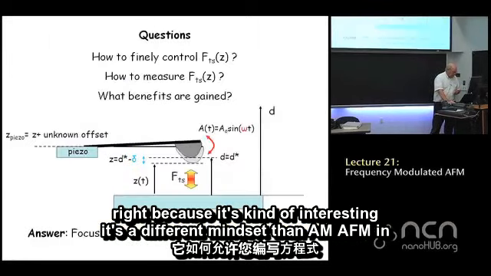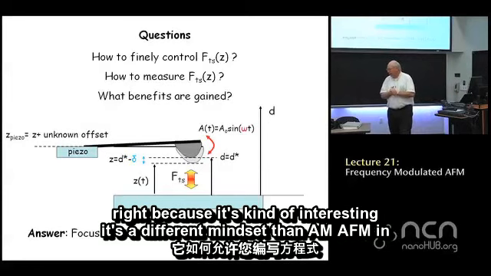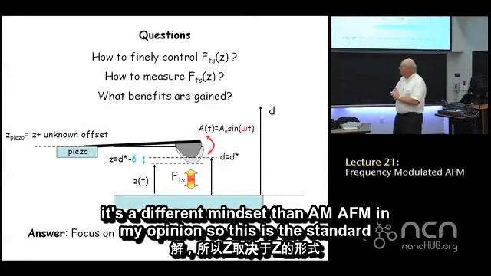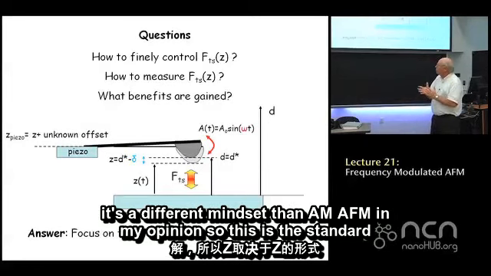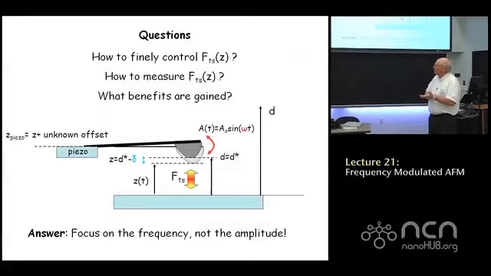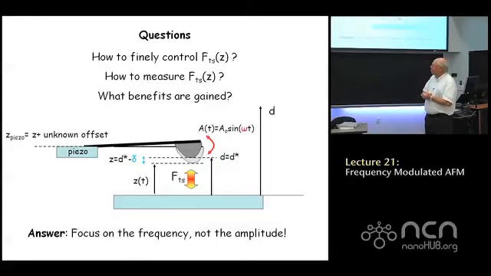It's a different mindset than AM AFM, in my opinion. So, this is the standard plot that you've seen many times before. It shows a cantilever. That cantilever is positioned at some distance D above the substrate.